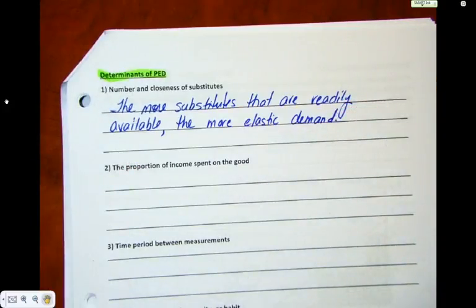And the perfect example is Victoria with her fast food, right? We talked about this when we looked at these. If McDonald's raised their prices, what are all the other places you could go to? Burger King, there's one close. What else? Taco Bell, Wendy's, KFC, A&W.